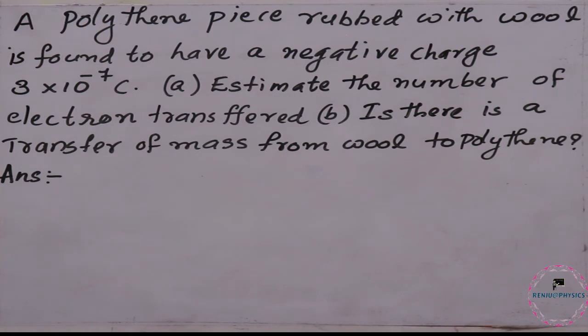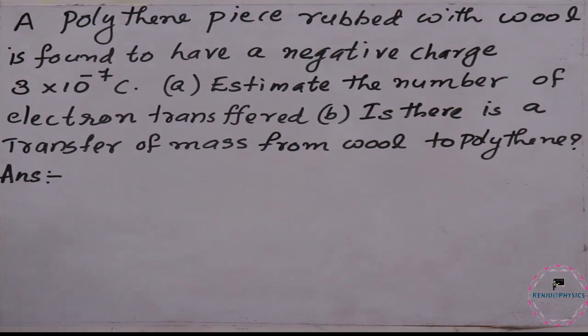The first question, it is a polythene piece. So we know that when two materials are rubbed, the substances get electrified. How it is electrified, that you know. During rubbing, electrons from one body are transferred to the other body. So one body loses electrons and becomes positively charged. Those that gain electrons become negatively charged.